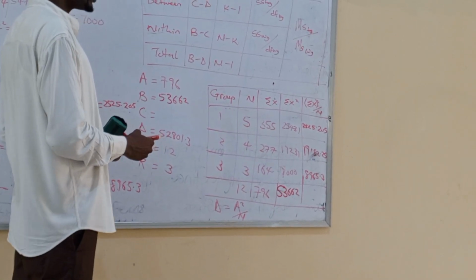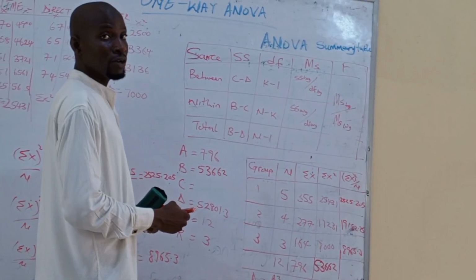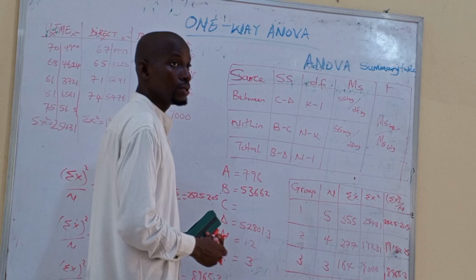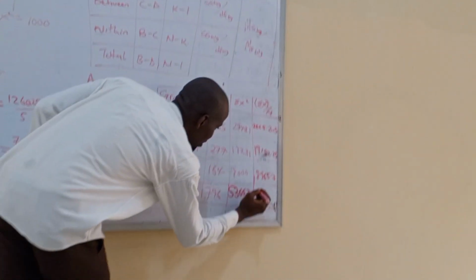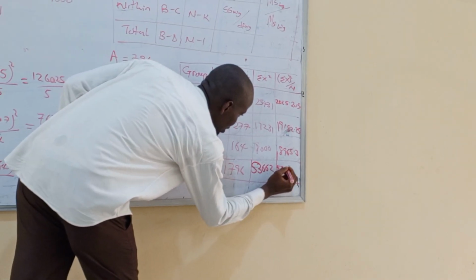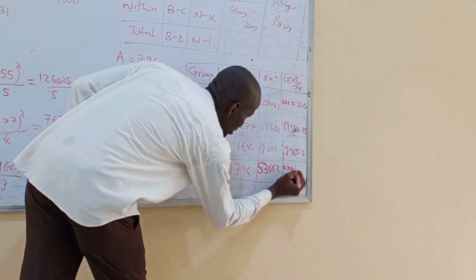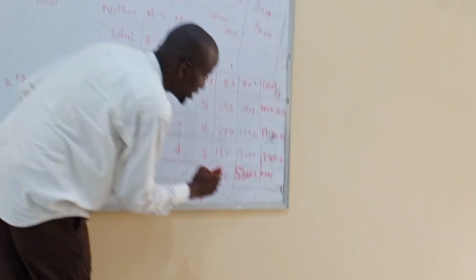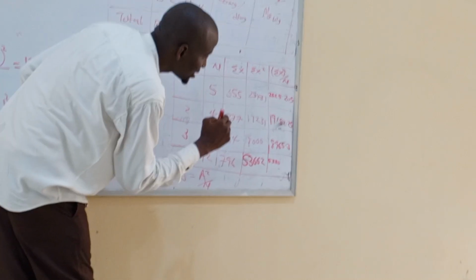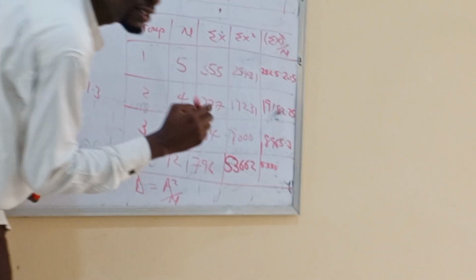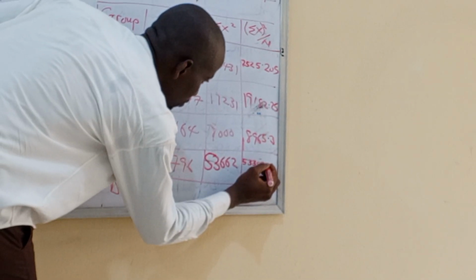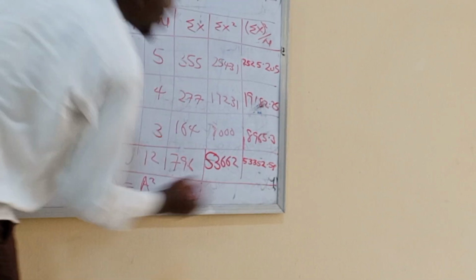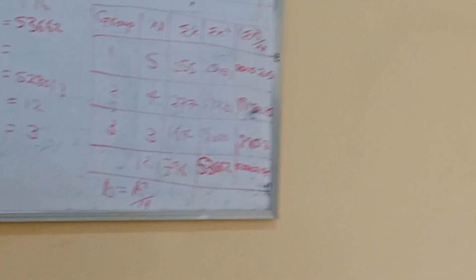That would be a very large value, and that will give us 5335... again 5335 what? 2.58, and that will be the value of our C.